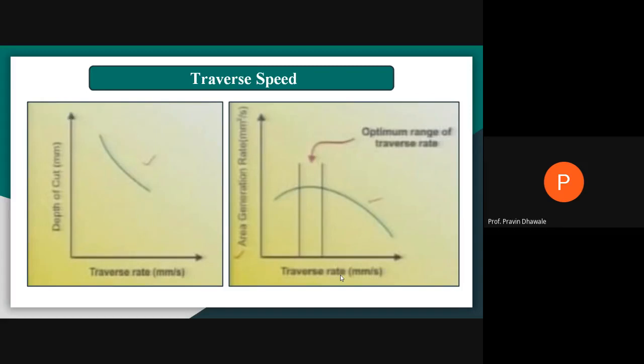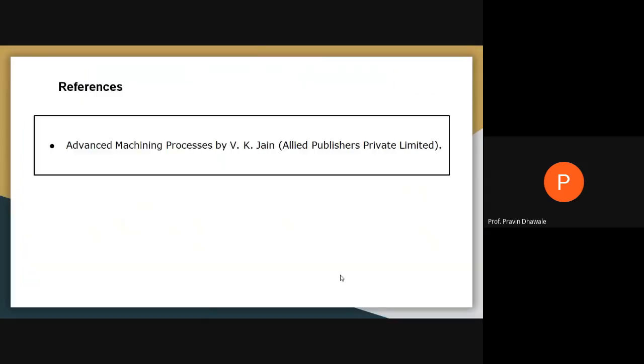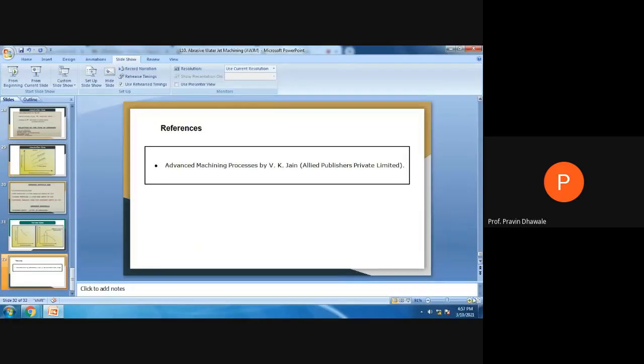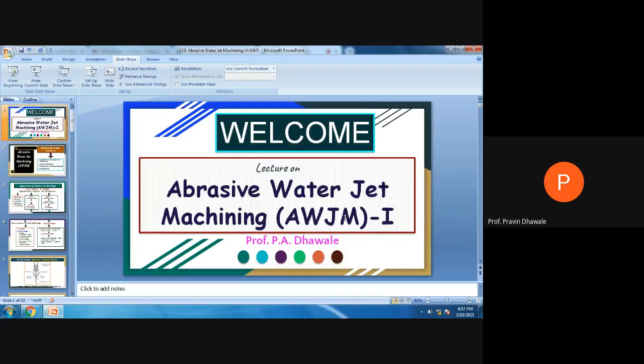Okay, we'll move to the next slide. I think all slides are over. Right, so from the morning lecture, we are dealing with abrasive water jet machining.